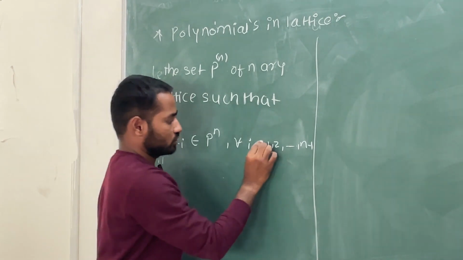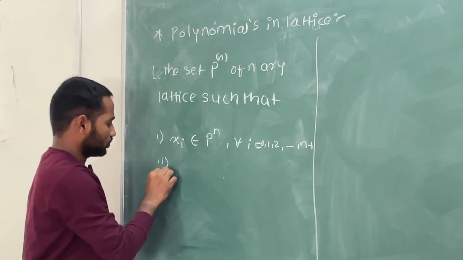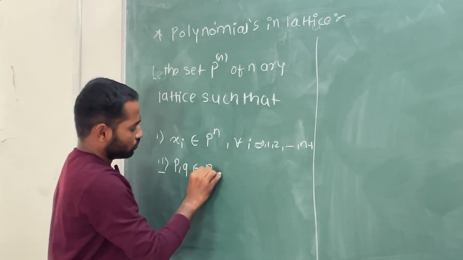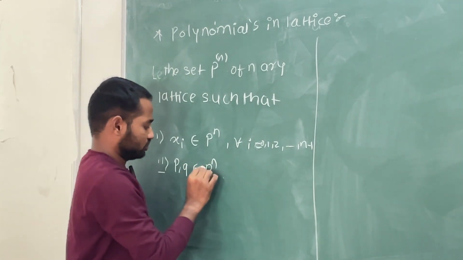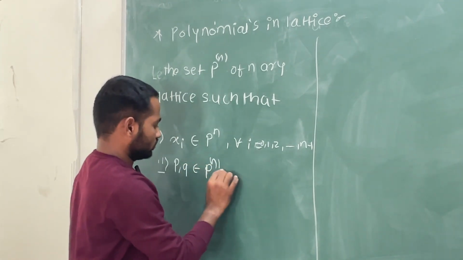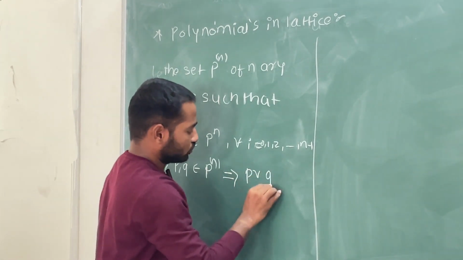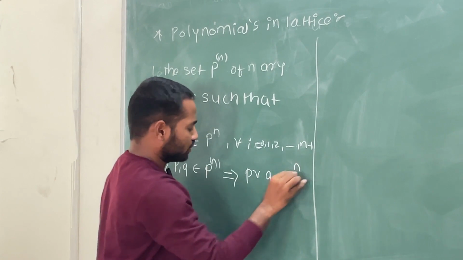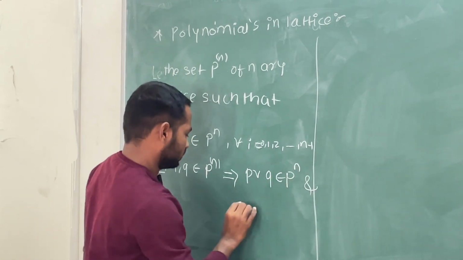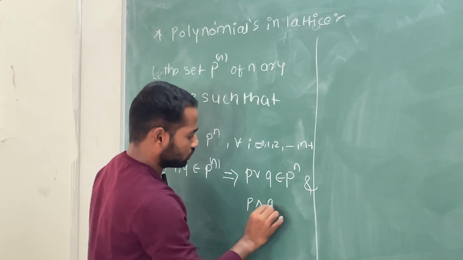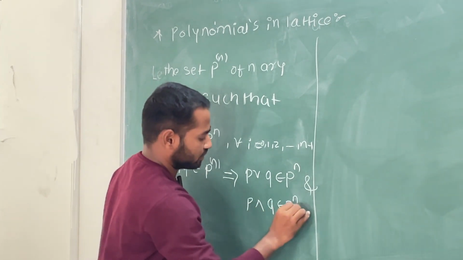If p, q belong to Pn, it implies that p join q and p meet q belong to Pn.